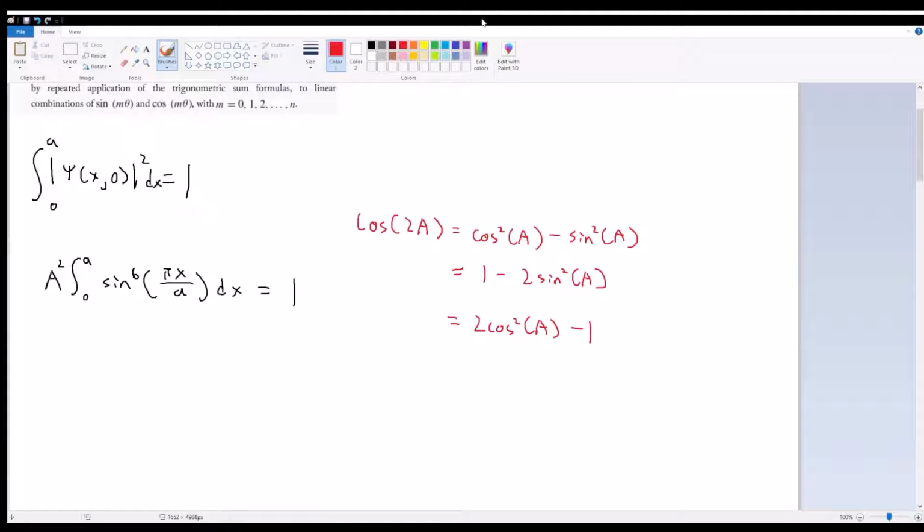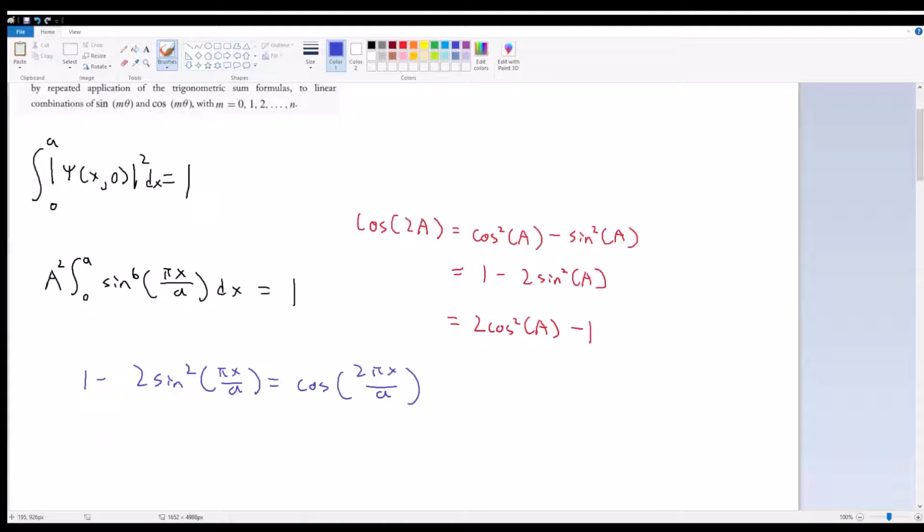So I can take my sine to the 6th term. In this case, we wouldn't reduce it to the power of 2, we would reduce it to the power of 3. 1 minus 2 sine squared of pi x over a is equal to cosine of 2 pi x over a.